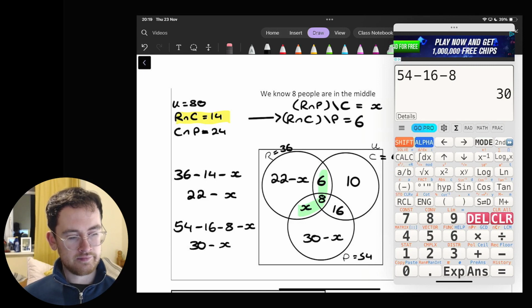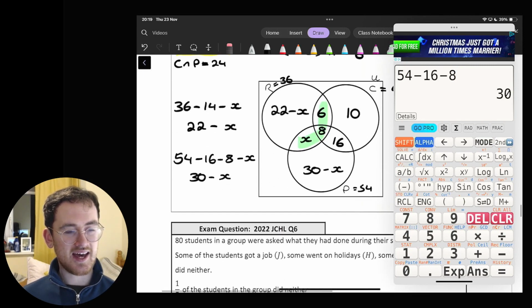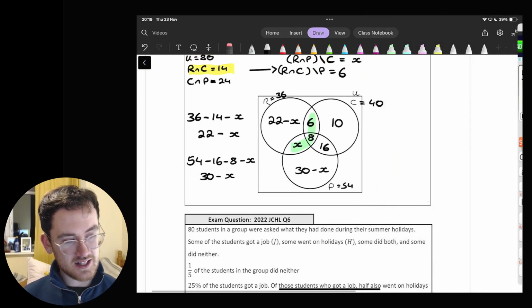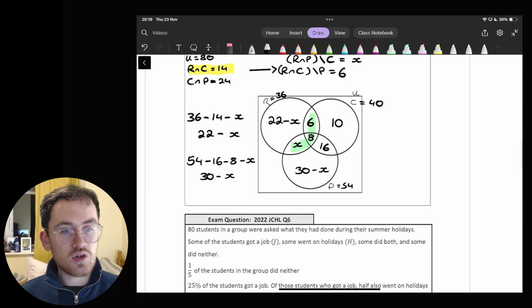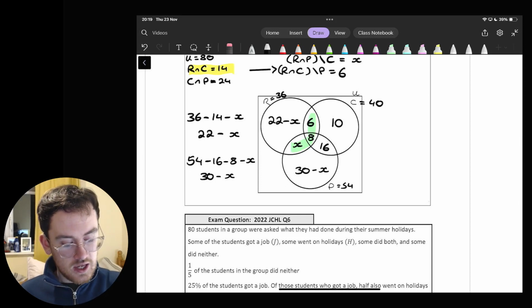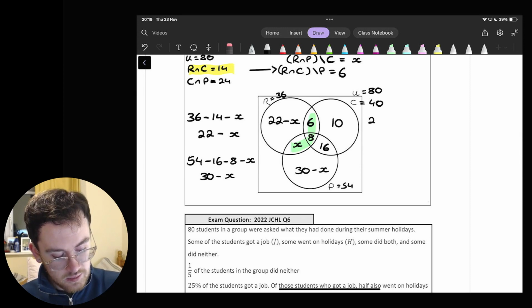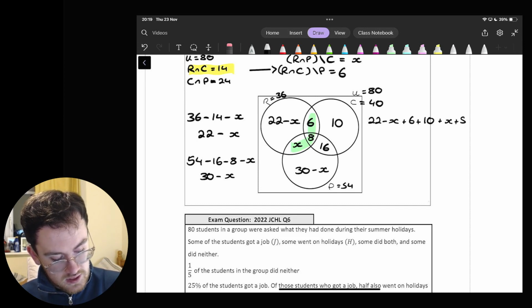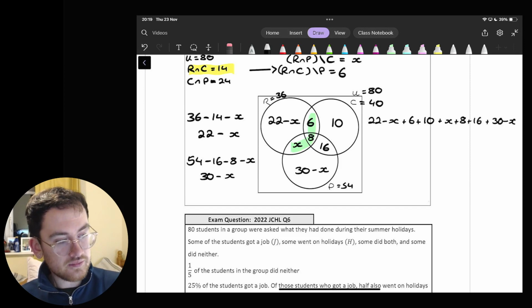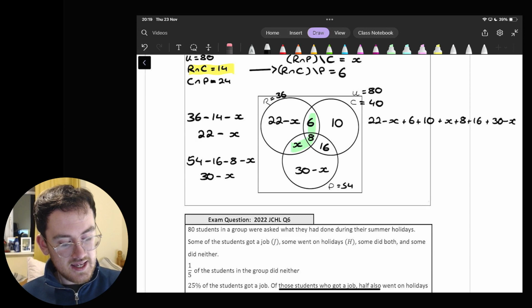Okay, so let's go ahead then and work out the overall answer for our question here. So what we want to do is take all of this information and put it equal to 80. So we're going to take each of these parts: 22 minus x plus 6 plus 10 plus x plus 8 plus 16 plus 30 minus x, and I'm going to say that that is equal to my overall answer, my 80.